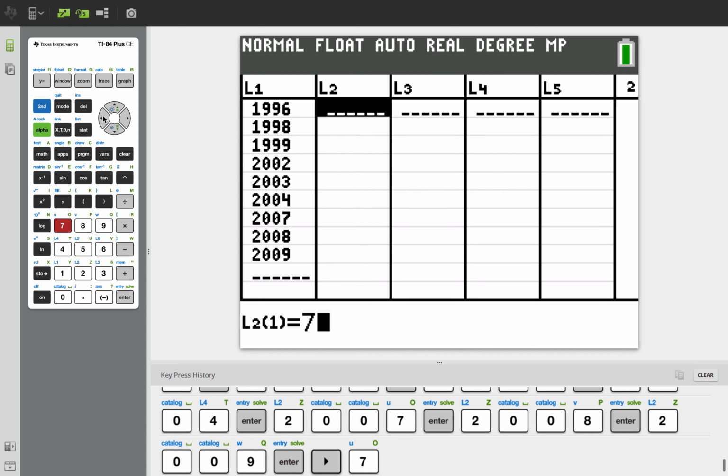Next, you're going to put in your distances into your L2, exactly how you see them. So make sure that you don't miss anything.